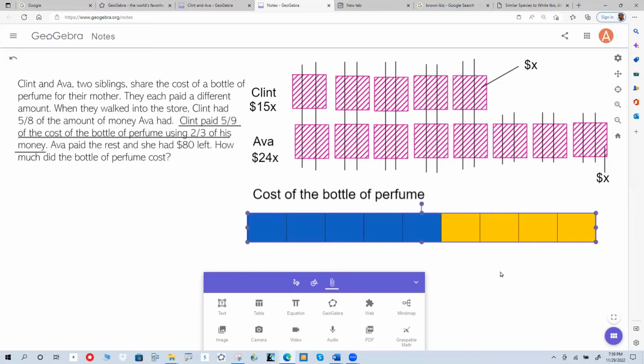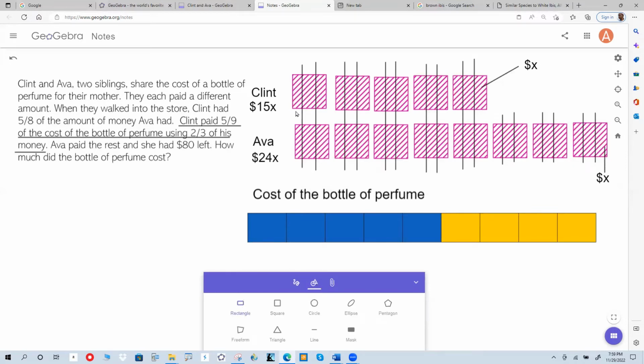Now, here is what you really want to understand. Clint paid this much, the blue part, using 2/3 of his money. 2/3 of his money has to be this much, 10 of those strips.